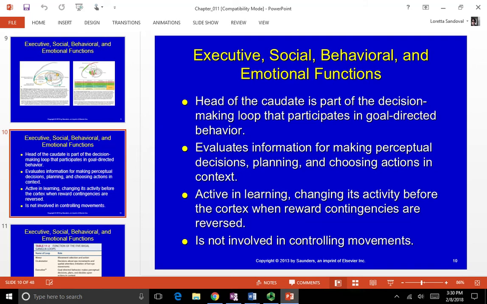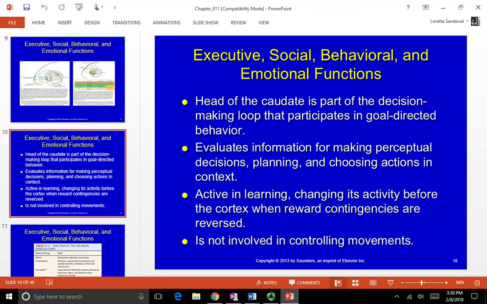We can make decisions and we can participate in goal-directed behavior. Children, their brains aren't as developed and they're oftentimes unable to participate in goal-directed behavior. They don't take into account the consequences of their actions. So once they're fully cognitively developed, then they can have full executive function, and the basal ganglia play a big role.